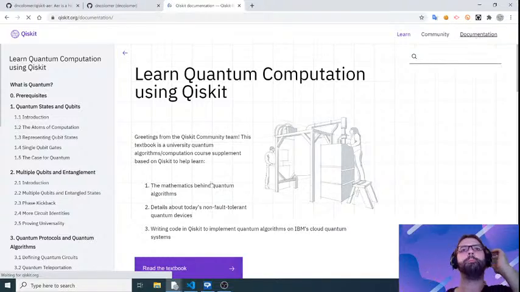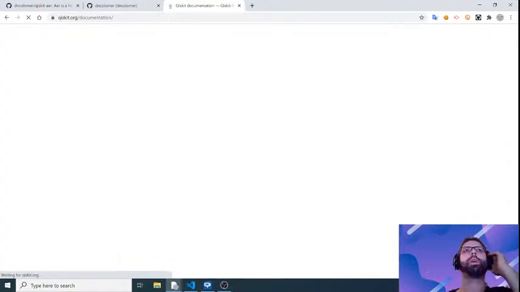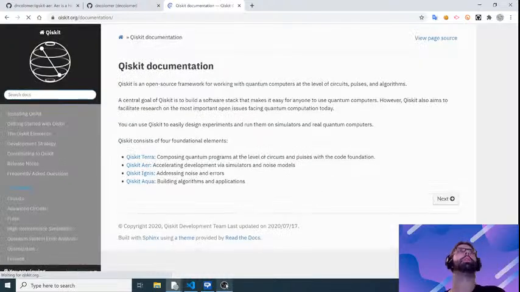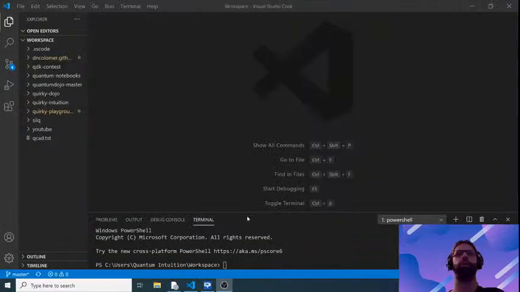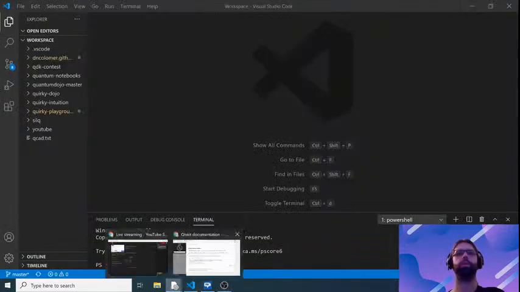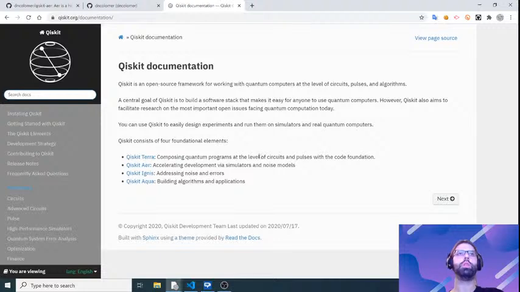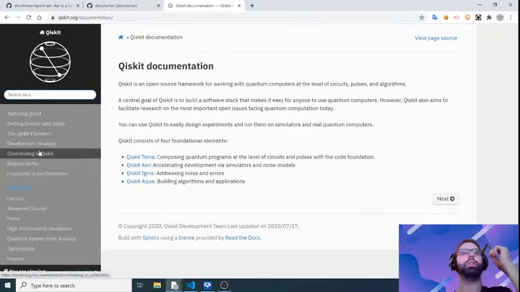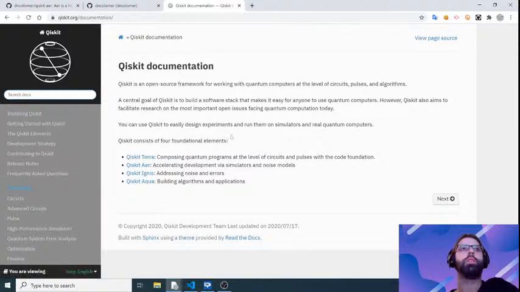The microphone is working well. Okay, cool. The documentation, exactly. So maybe I'm gonna take a look at this quickly first, because I want to try to understand what the parts are that Qiskit is made of, and where I should start.